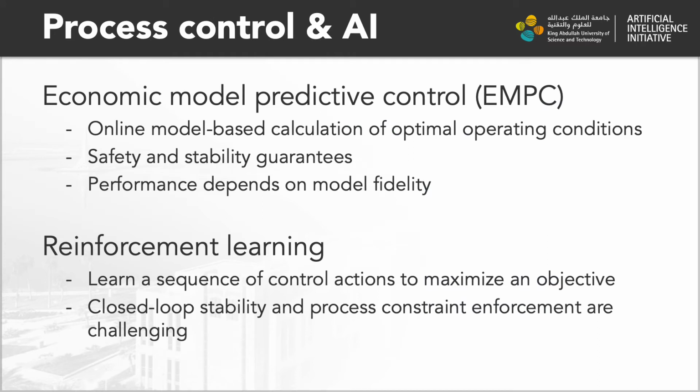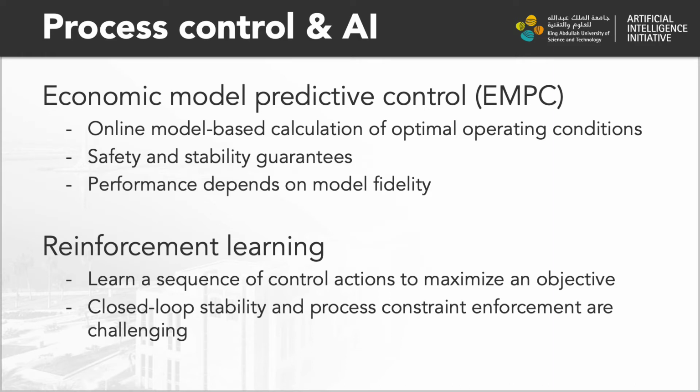To achieve our goal of autonomous operation, we integrate economic model predictive control and reinforcement learning. Economic model predictive control is an online model-based calculation of optimal operating conditions with well-studied safety and stability guarantees. However, the performance of economic model predictive control depends on the model fidelity.